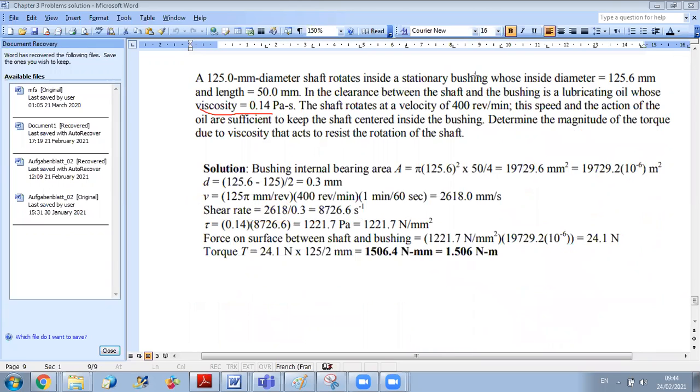In steps, the first step is to find the linear velocity. Once I find the linear velocity, I divide delta V by the clearance, that is, V minus 0 over D. I get the shear rate. Once I get the shear rate, I calculate the shear stress.